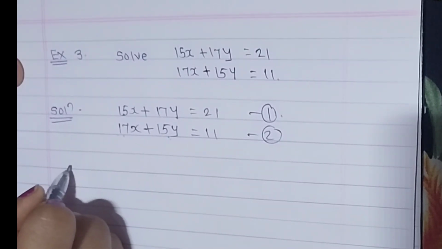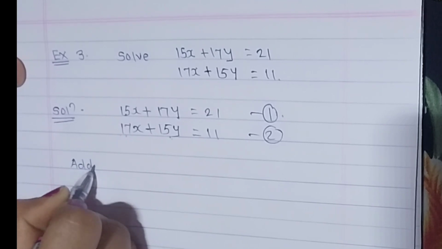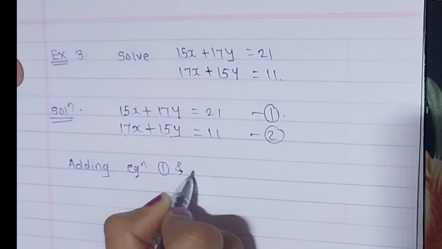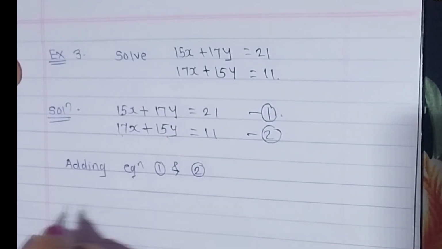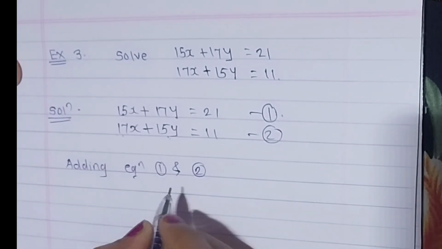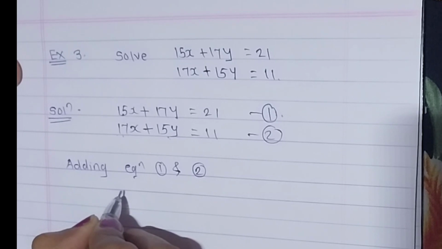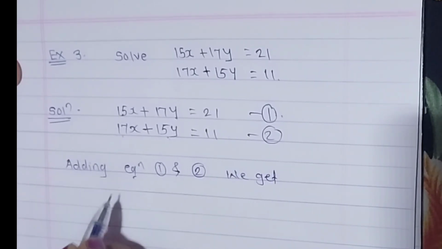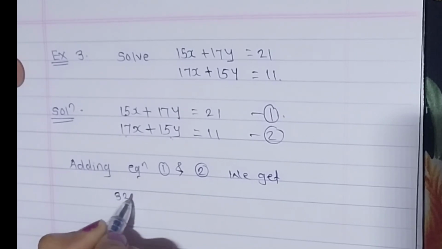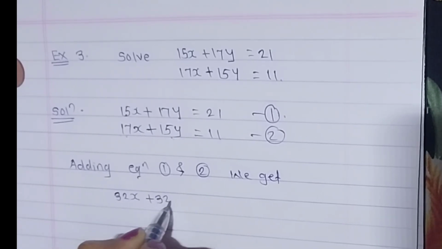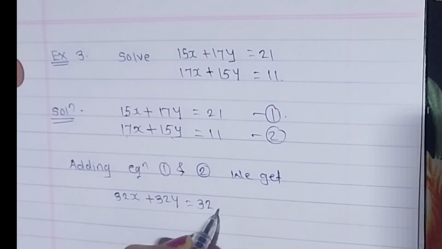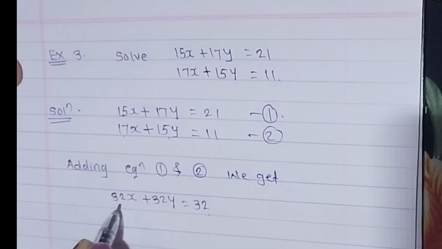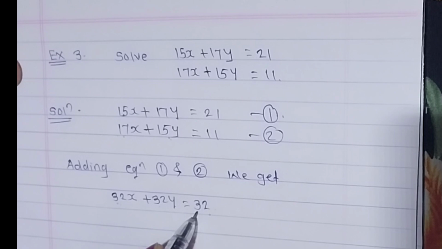So let's add the given equations first. Right here, adding equations 1 and 2, we get: 15 plus 17 is 32x plus 17 plus 15, again 32y, is equal to 21 plus 11 is 32.